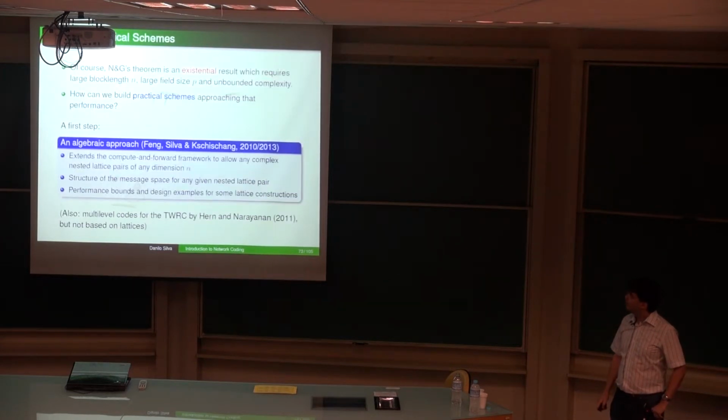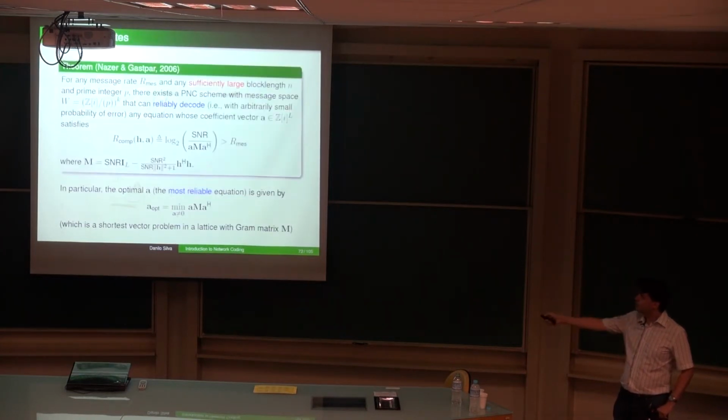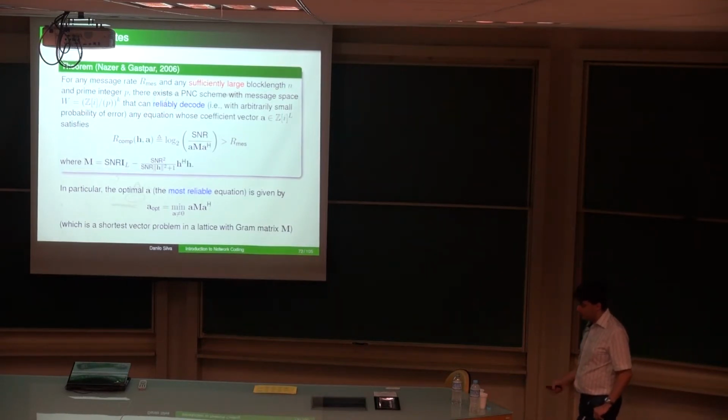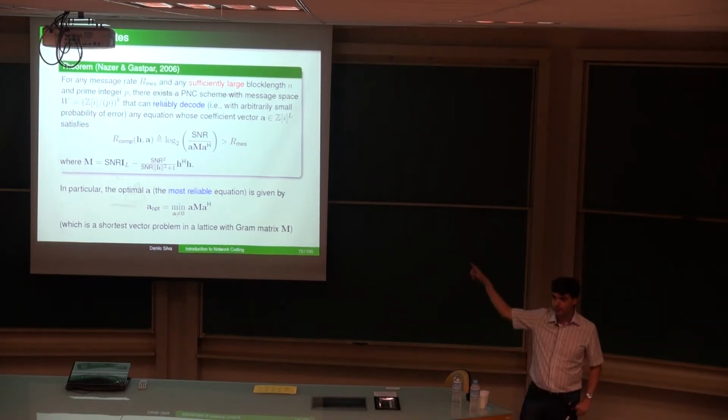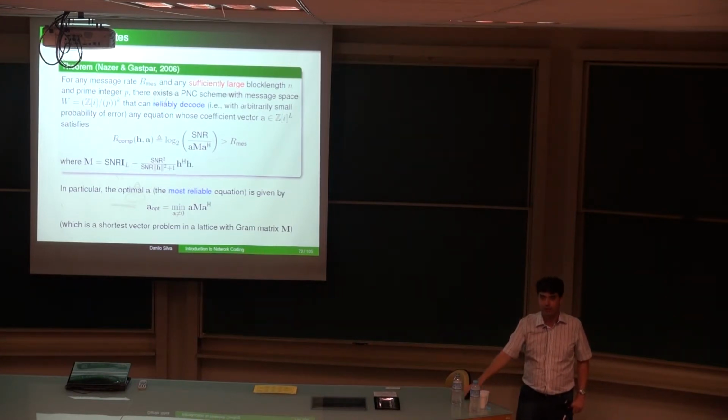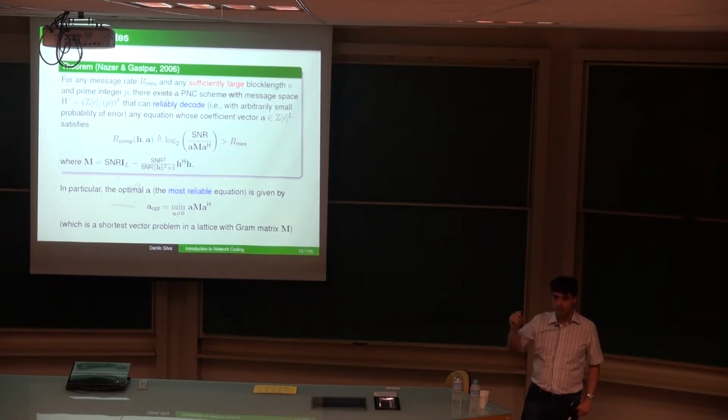Okay, so this is an information theoretic result. It's already quite good because, in contrast to those previous schemes that I mentioned, this is a reliable scheme. You can make the probability of error as small as you wish.